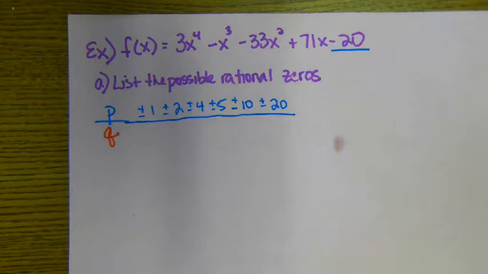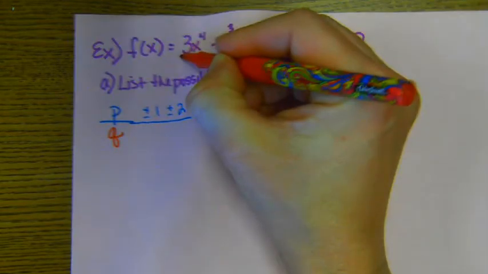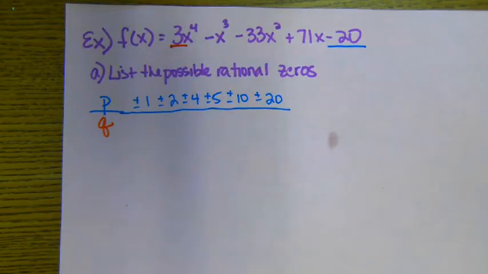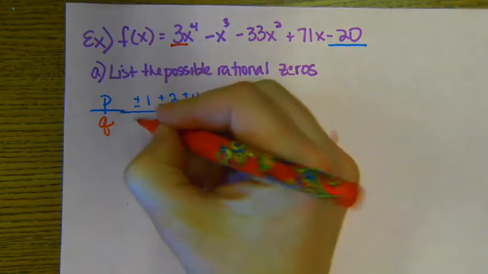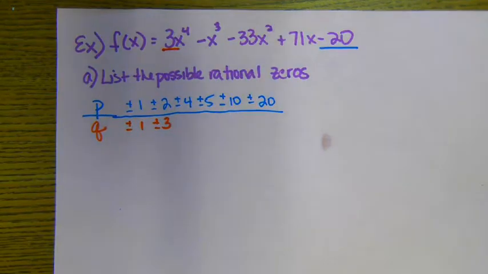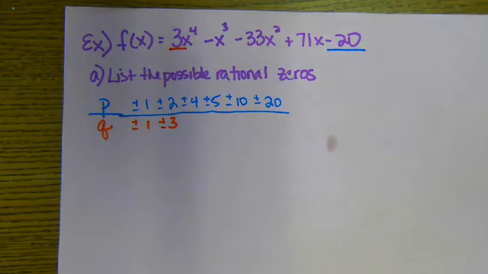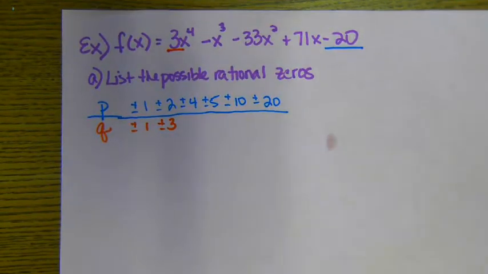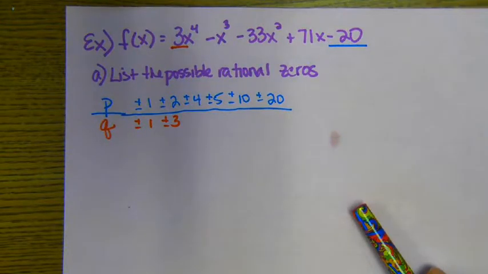Then my possible denominators are the factors of the leading coefficient. So not so many there. That would just be 1 and 3. So that's where we start, because that's going to help us find which ones are real. Now that's technically not the list.